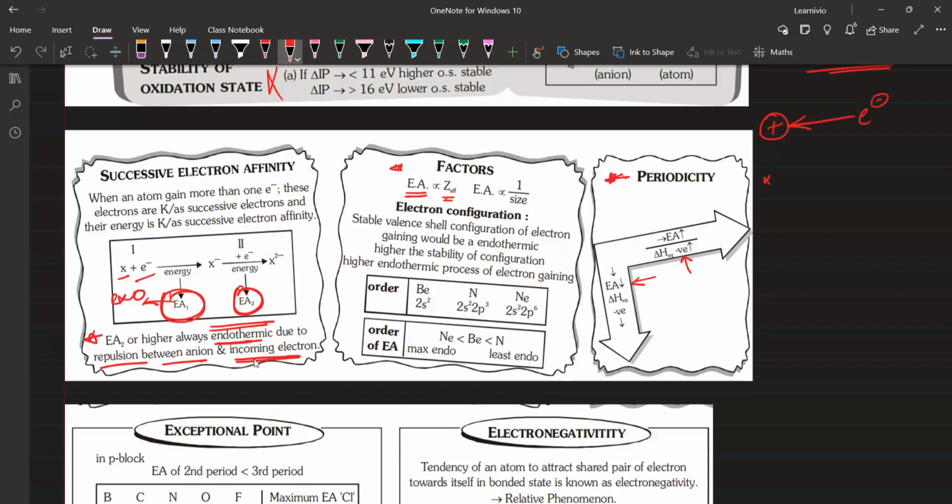I think it will be more clear if we say that electron gain enthalpy gets more negative from left to right in a period.